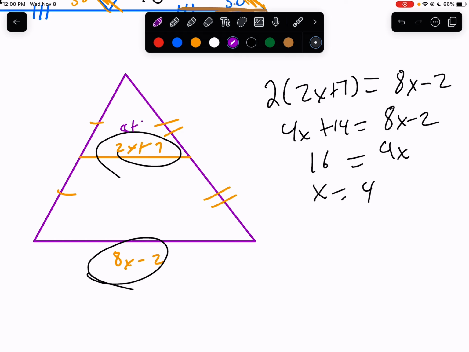This would be 8 plus 7. So this is 15. Plug in 4. This would be 34 minus 2. So this would be 32. Wait a second. 8 times 4 is 32. I was right the first time. 32 minus 2 would equal 30, and 15 is exactly half of 30. Boom.